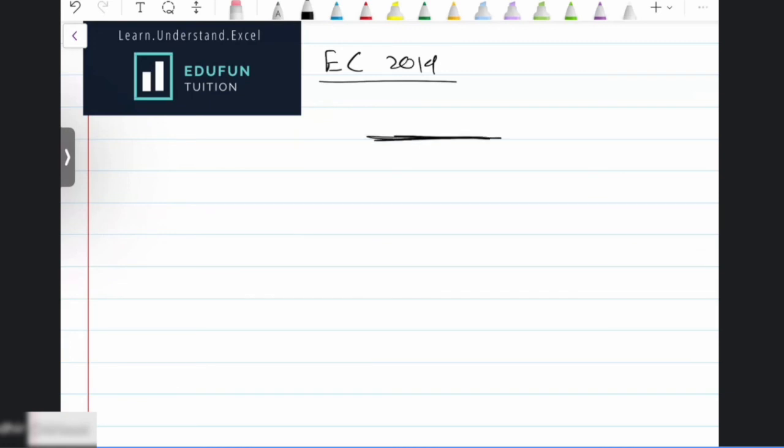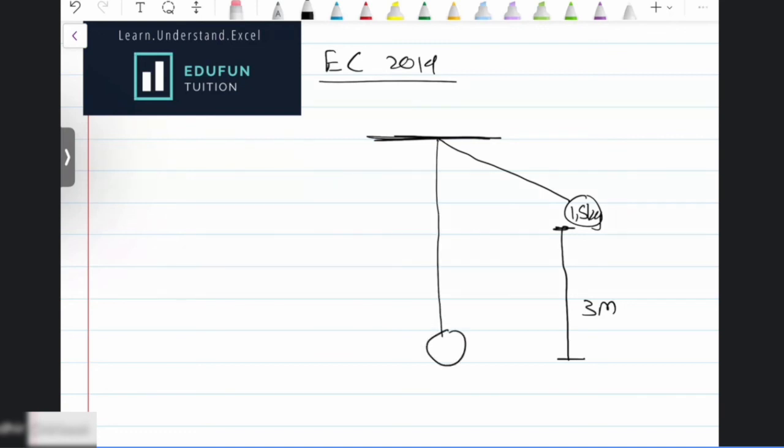Basically, this metal sphere of mass 1.5 kilograms is dropped from 3 meters. It now hits another block, and the block is also 1.5 kilograms.